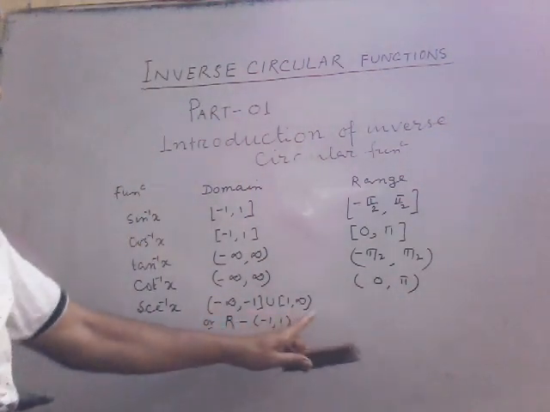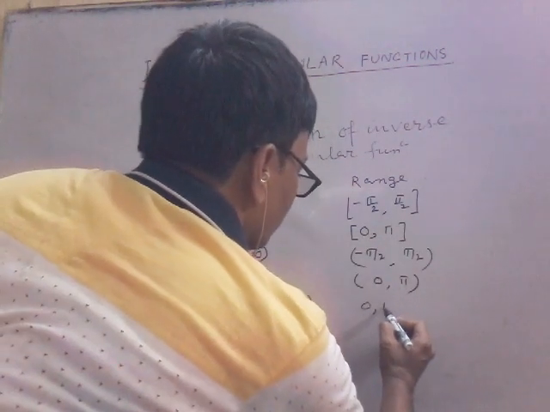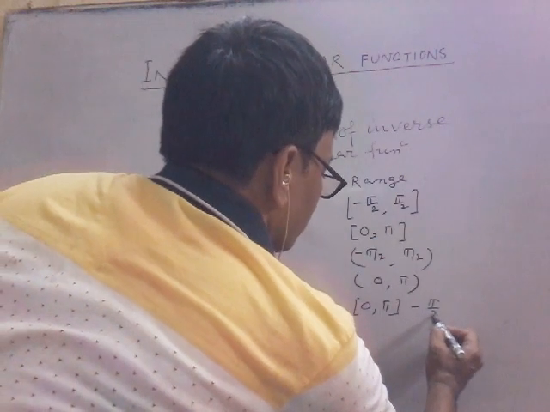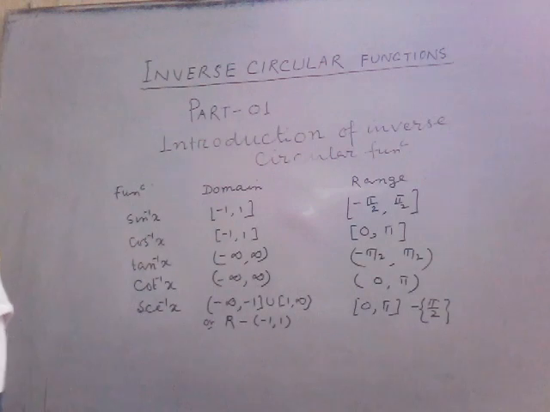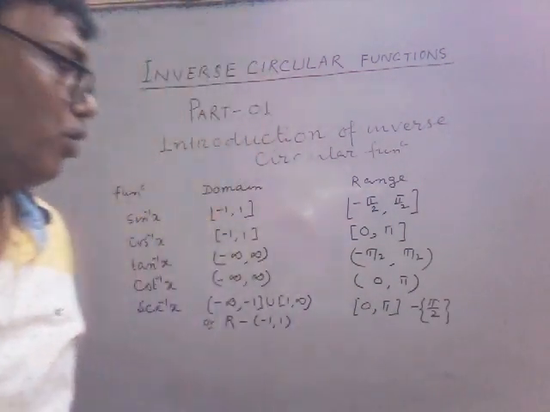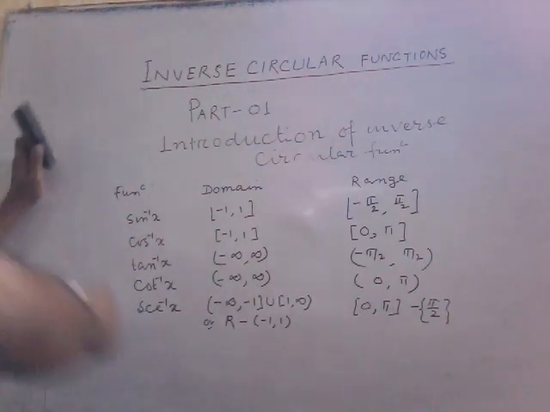Generally we denote the interval form. So sec and cos have the same range, only pi by 2 is not included because sec pi by 2 is undefined.